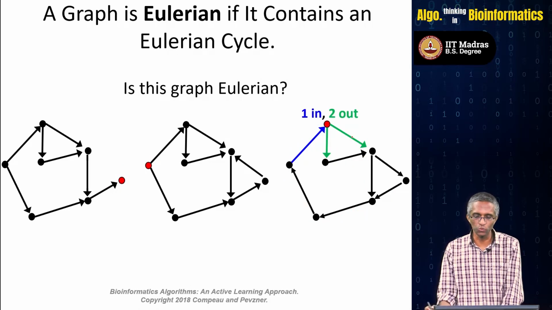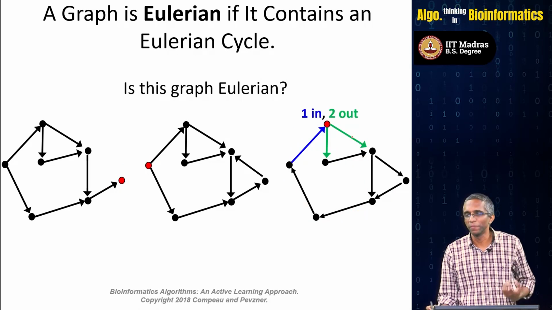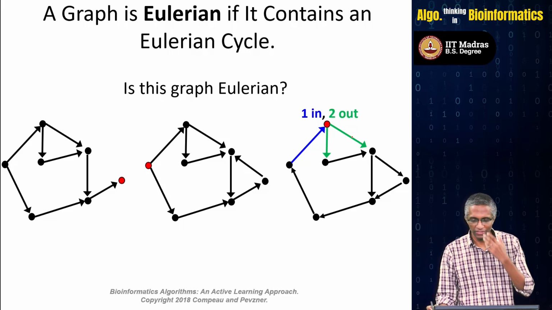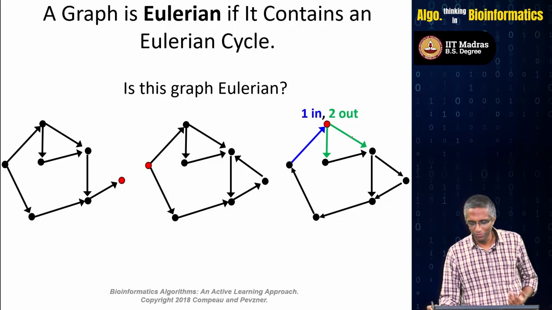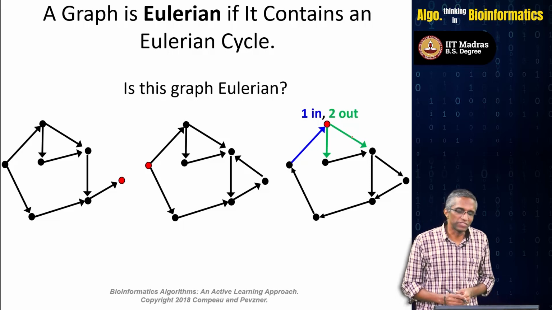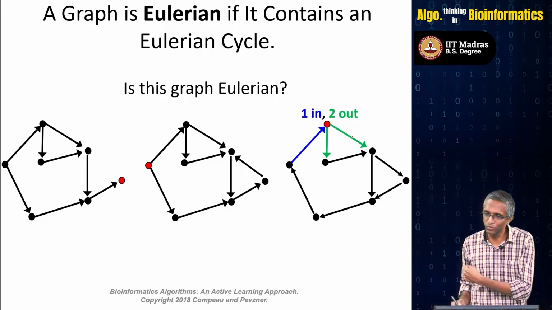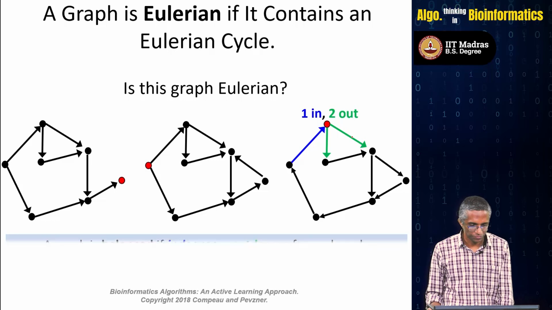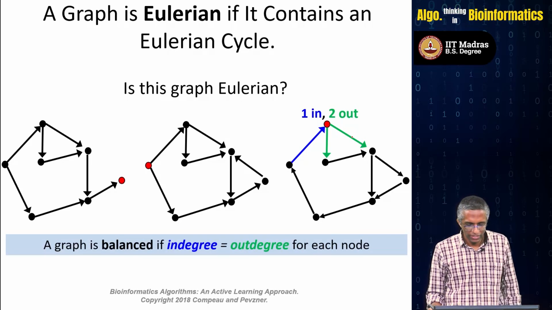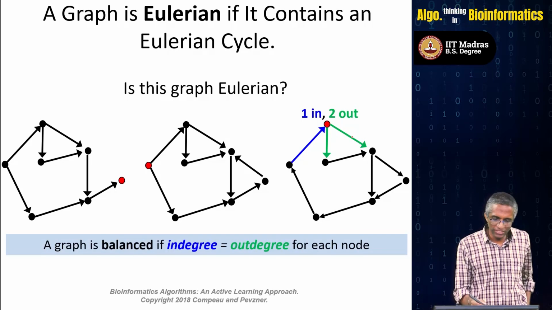There is one in and two out, right? So you can never enter the second time, or use both of these out edges. You can only enter once and then use only one of the outgoing edges. Okay, and so this is a directed graph.